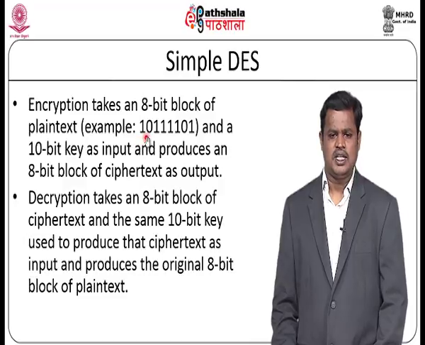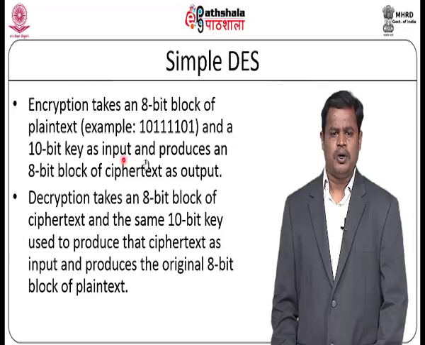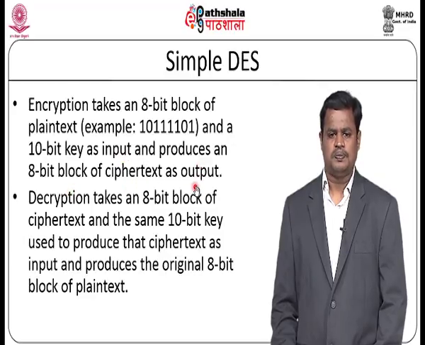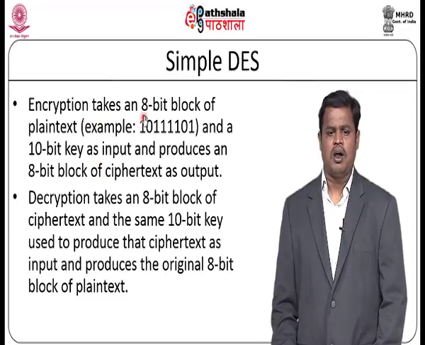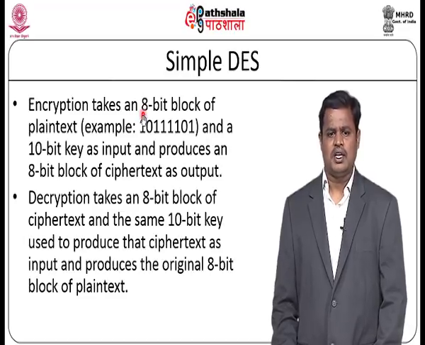For example, you can see here 10111101, that means totally 8 bits, and a 10 bit key as input, and produces an 8 bit block of ciphertext output. So, instead of having a 64 bit block and 56 bit key, we are going to study this simplified DES with a smaller block of 8 bit size and a smaller key of 10 bit size, where these two are given as input. From that again we get an 8 bit block as the ciphertext output.